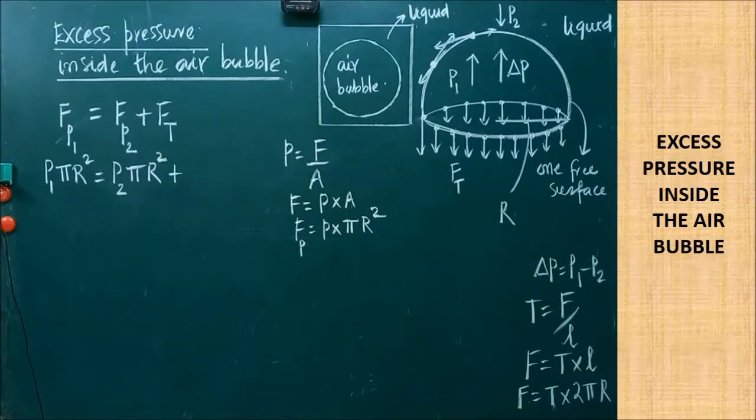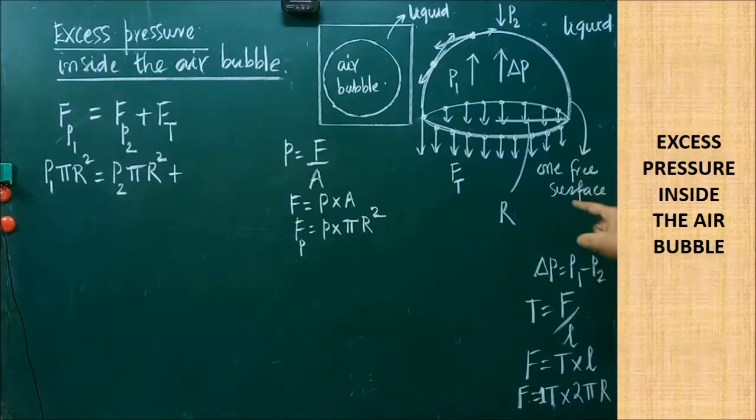Any doubt in this? And a very important thing is, in the case of an air bubble, only one free surface is there. So this is the only free surface which does not have any contact with anything that is inside. So only one free surface is there. Therefore, here 1 must be written. If any two surfaces are there, we take 2.